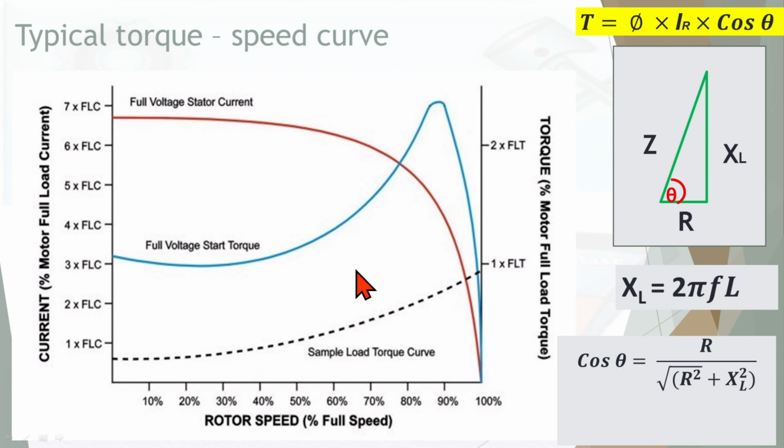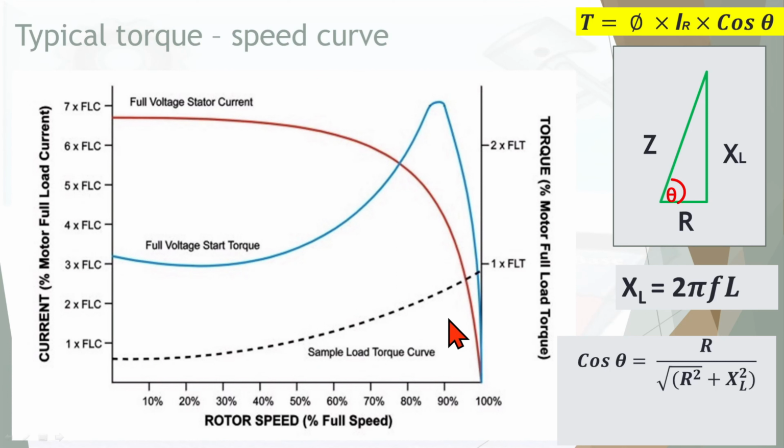This is the characteristic curve of a motor, the torque and the current. The y-axis represents the current and torque, and the x-axis is the rotor speed. This dashed line is the load torque curve.